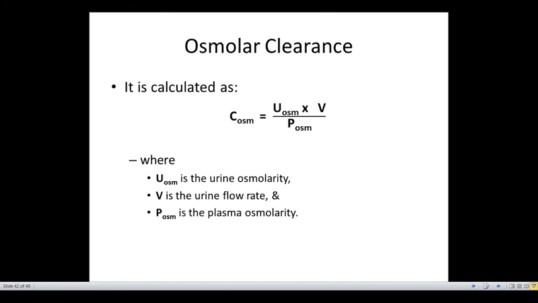Osmolar clearance is calculated as COSM equal to UOSM times V divided by POSM, where UOSM is the urine osmolarity, V is the urine flow rate, and POSM is the plasma osmolarity.